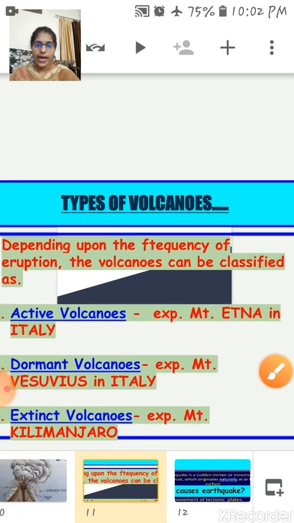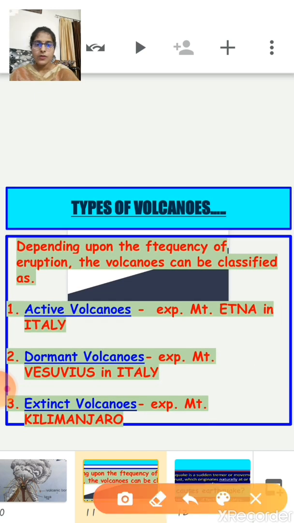Now let's understand the types of volcanoes. Depending upon the frequency of eruption, the volcanoes can be classified into three. First one is the active volcanoes, second one is the dormant volcanoes, and the third one is the extinct volcanoes.